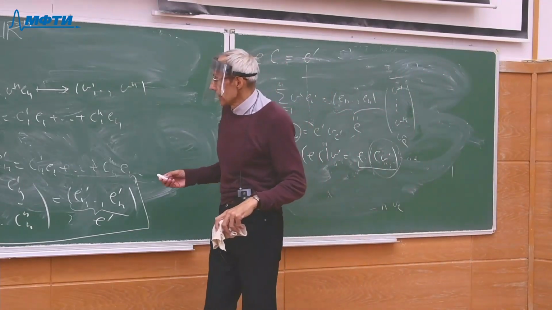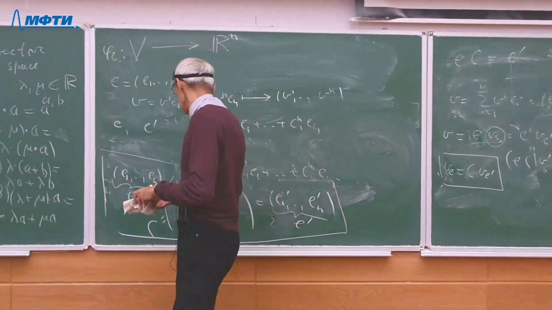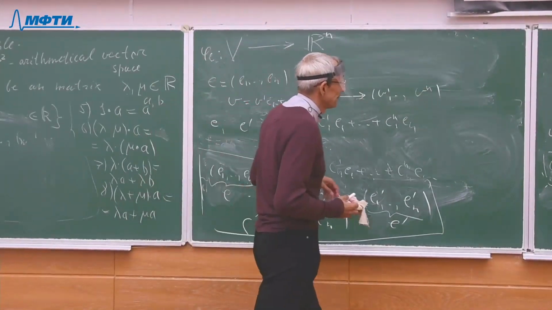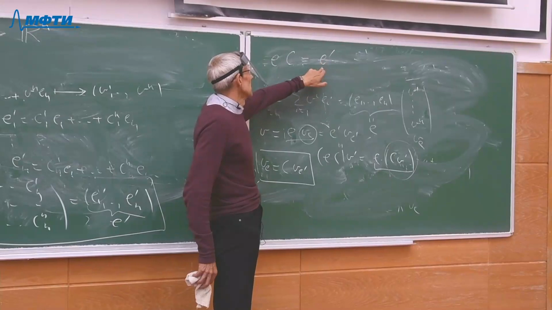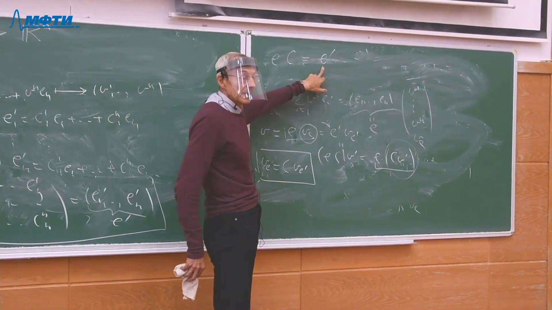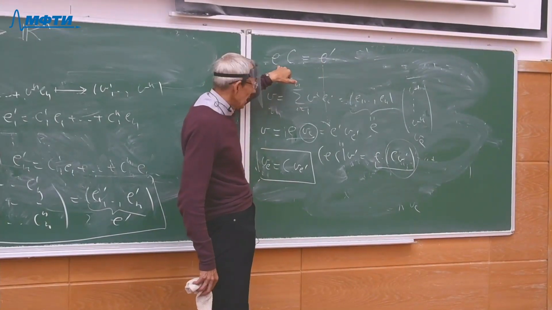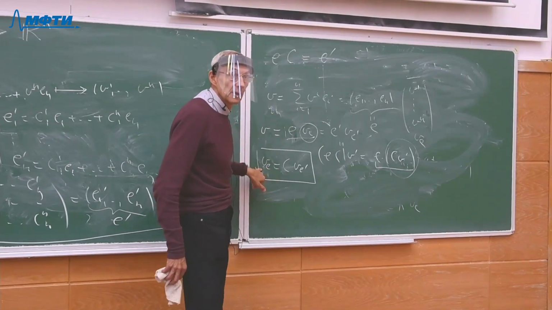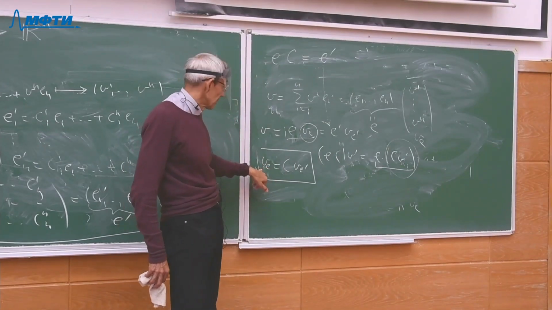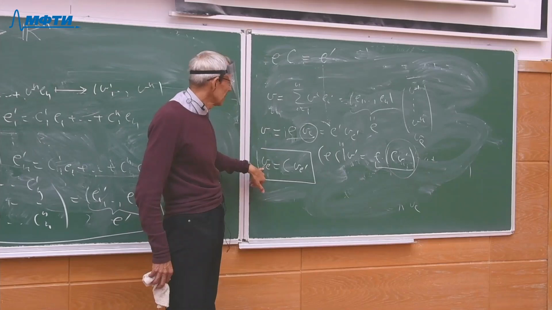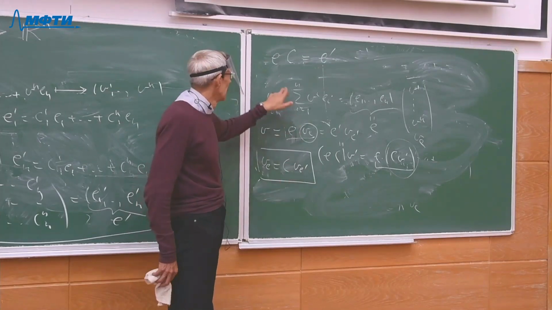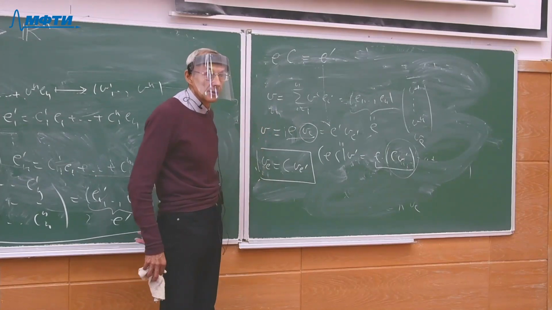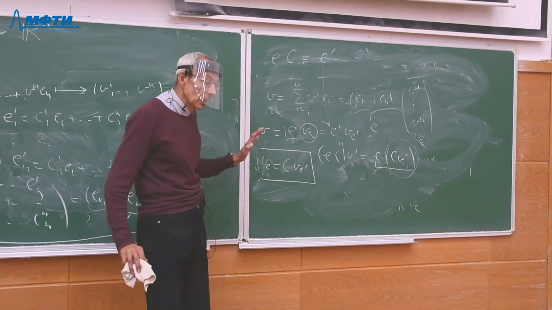I stress that we start with a formula which gives us the expression of the new basis in terms of the old. But for coordinates, we have the opposite expression: coordinates in the old basis in terms of the coordinates in the new basis. Two dual formulas.